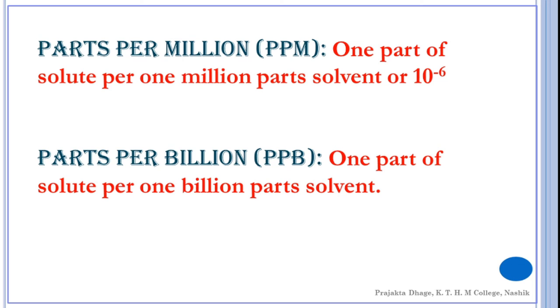Now ppb is often used to describe the concentration of contaminants in air or, say, contaminants in water. So for example, let's say 1 ppb chlorine represents 1 part of chlorine in 1000 million parts, or 1 billion parts, of air by weight.